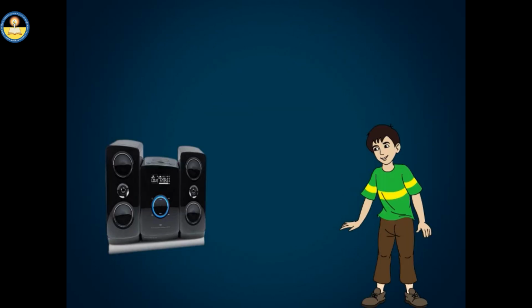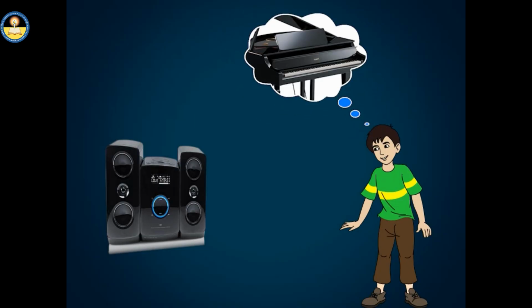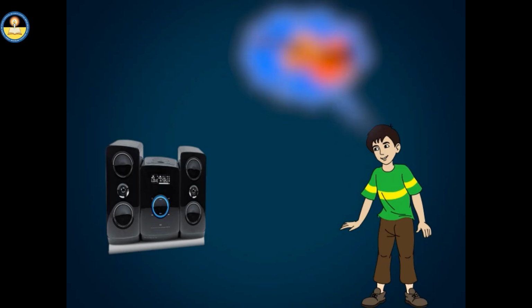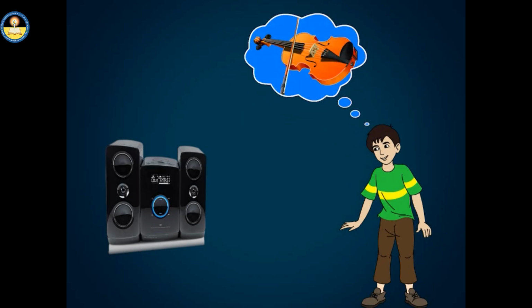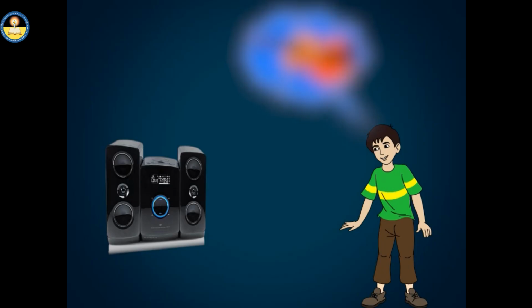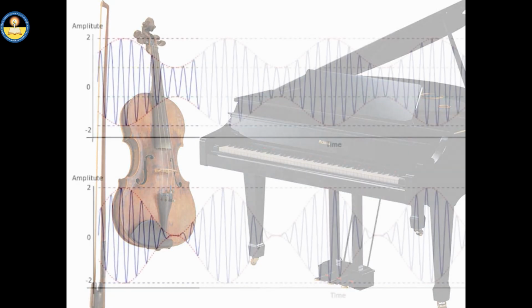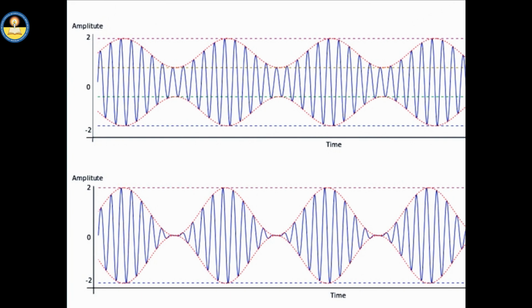Somebody listening to the two different sounds would recognize straight away whether the note is played on the piano or violin. The quality of the two notes is different. The quality of a note depends on the shape of its waveform.